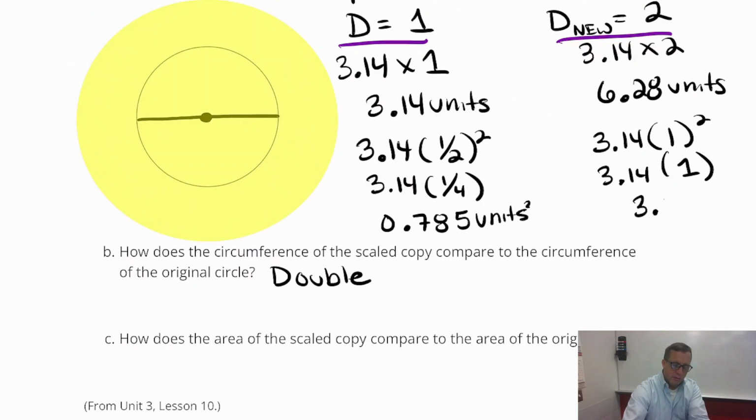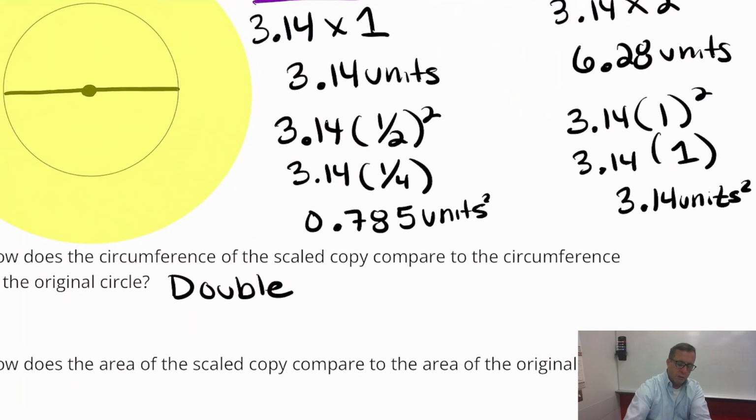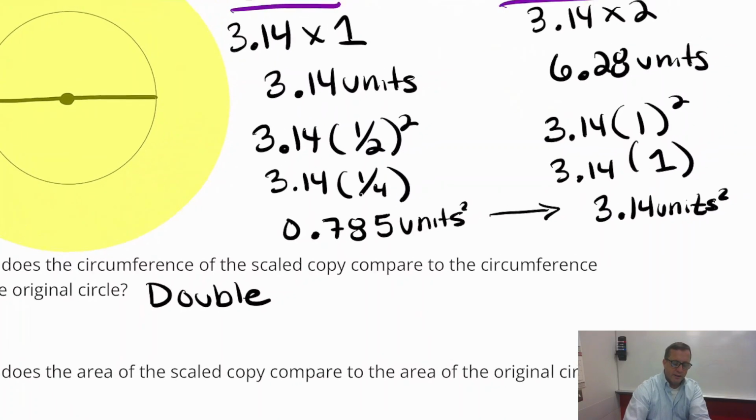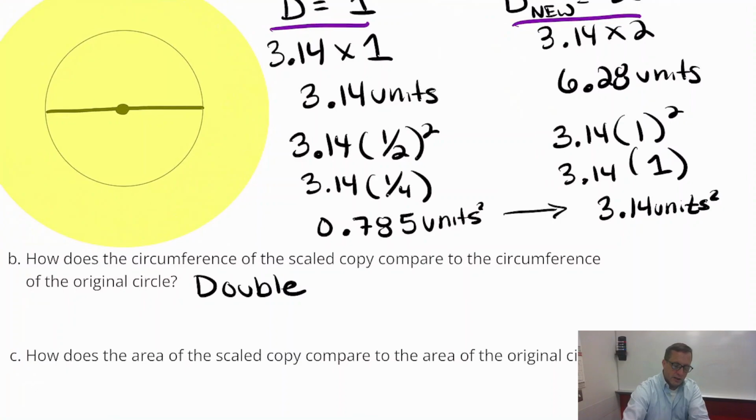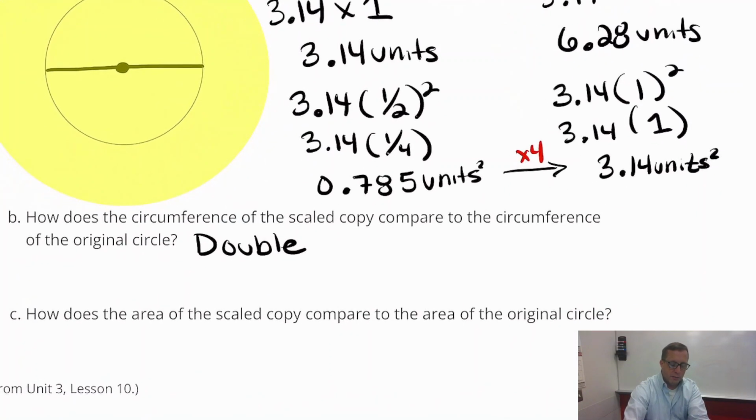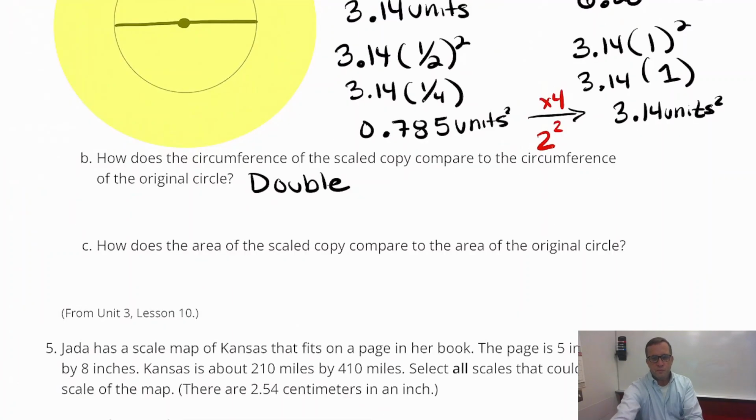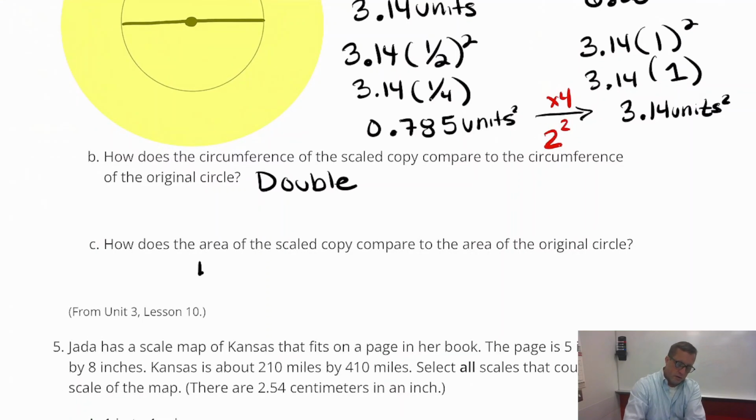And for this one, it's going to be 3.14 square units. If you want to know how these relate to each other, that is times 4. The reason we know that is that the relationship works by the scale factor squared. You take the scale factor and raise it to the power of 2, which makes 4. So that's 4 times larger.